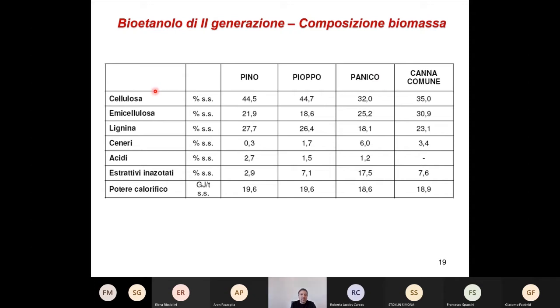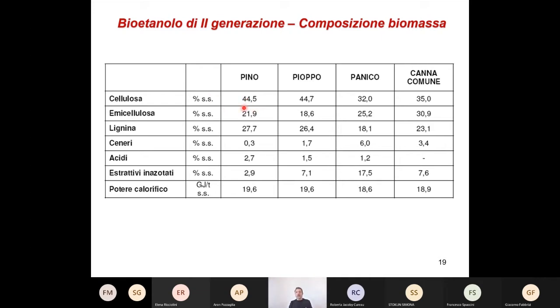You see that cellulose, hemicellulose and lignin together are 90 or even more percent of the biomass, on a dry basis.